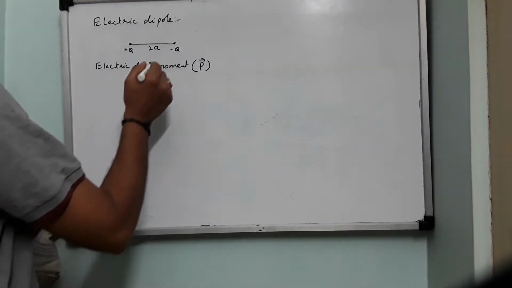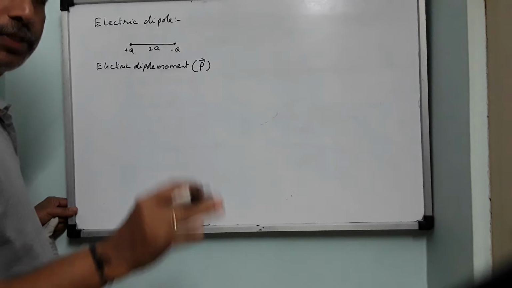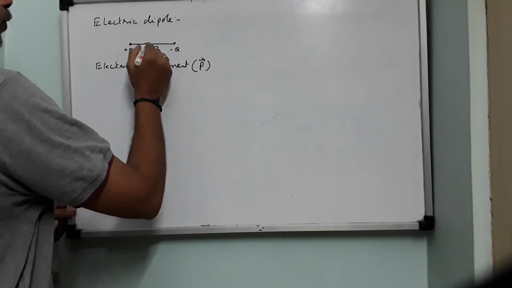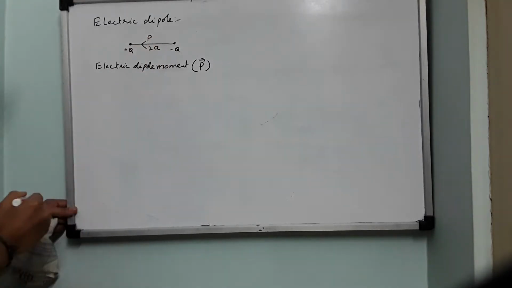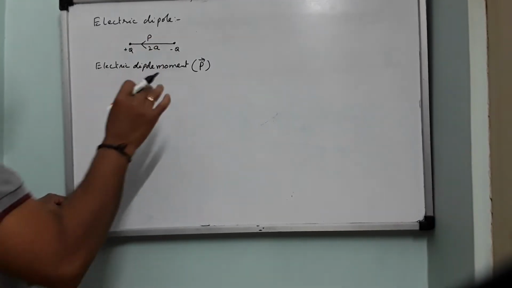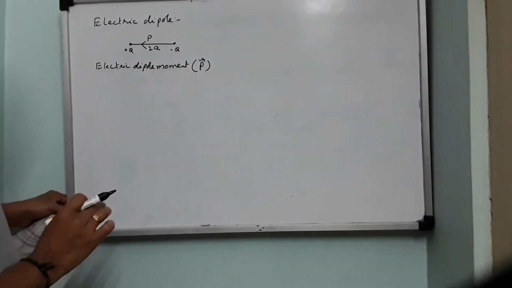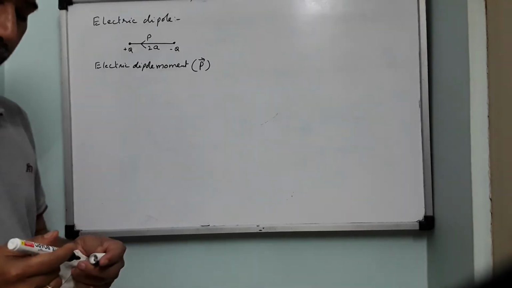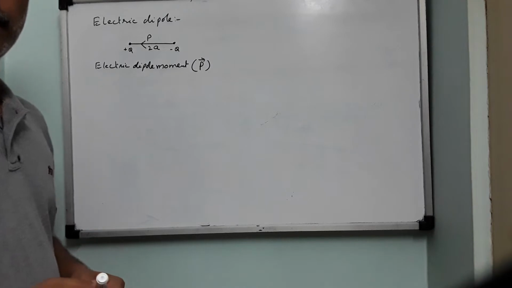Now to this dipole, we are assigning a physical quantity which is known as dipole moment, which is directed from positive to negative, and we write here P. Sorry, it is directed from negative to positive and denoted as P. You require the concept of electric dipole moment in order to calculate the torque on the dipole in the electric field.